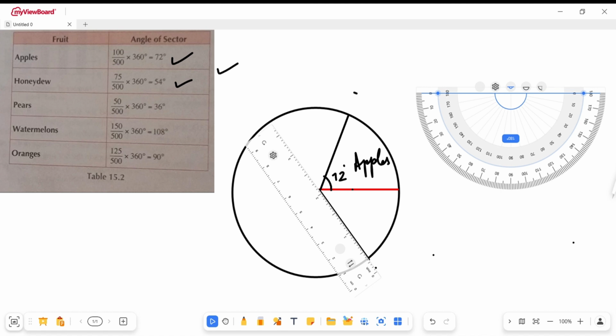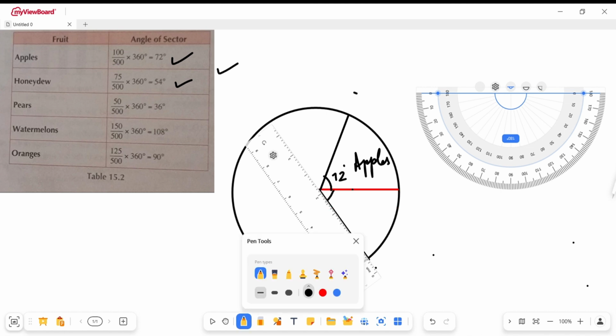Now this is 54 degree. Write down 54 degree, and I'm writing honey dew inside, so HD for honey dew.